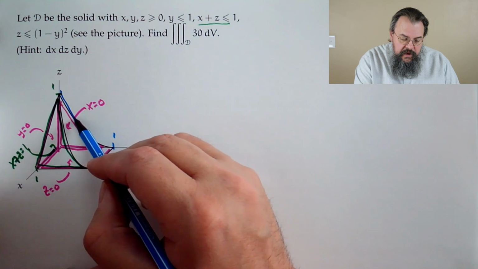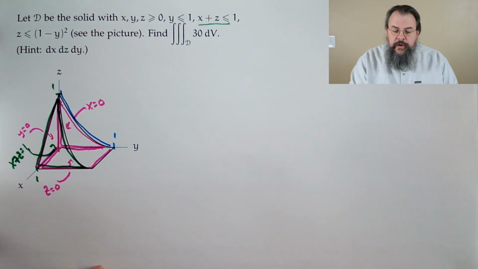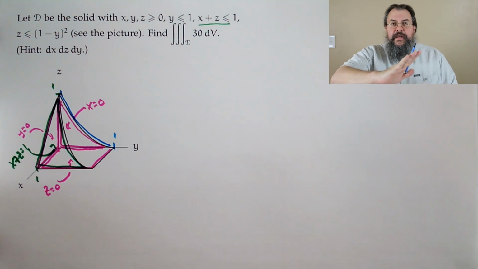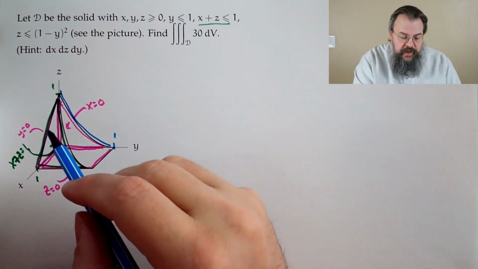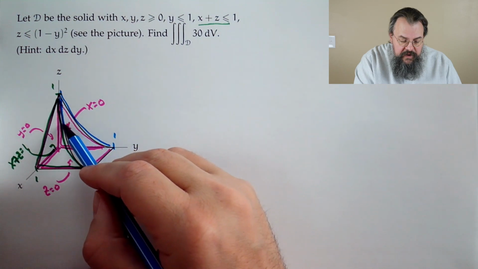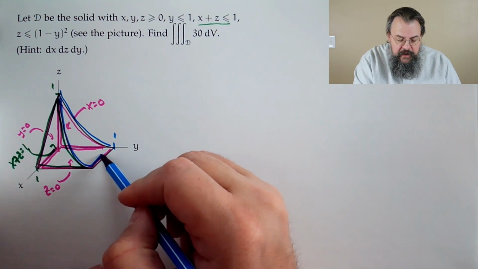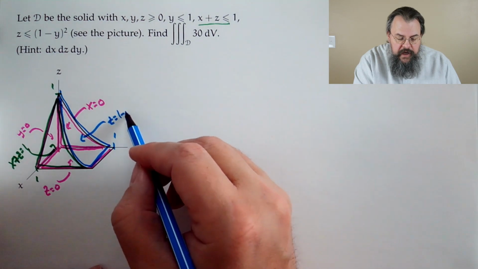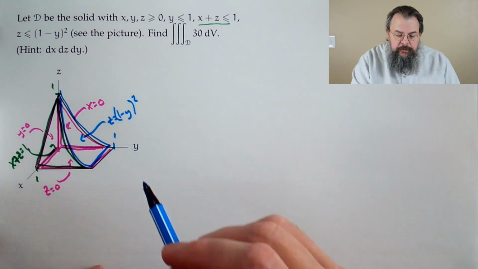But again, since there's no x, we can imagine it being copied back and forth. So that curved face here is the face z equals 1 minus y quantity squared.